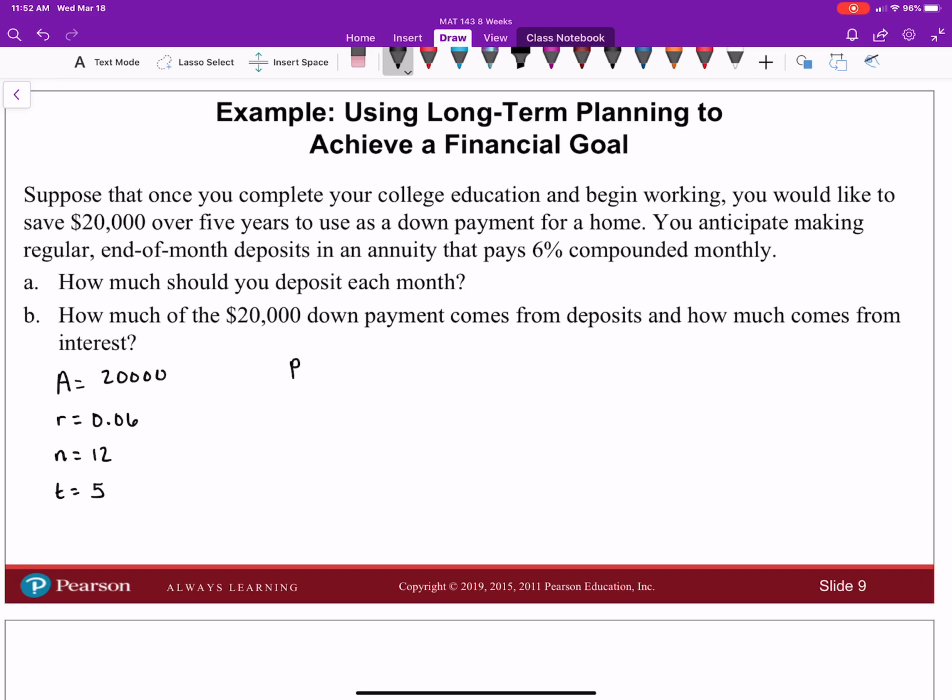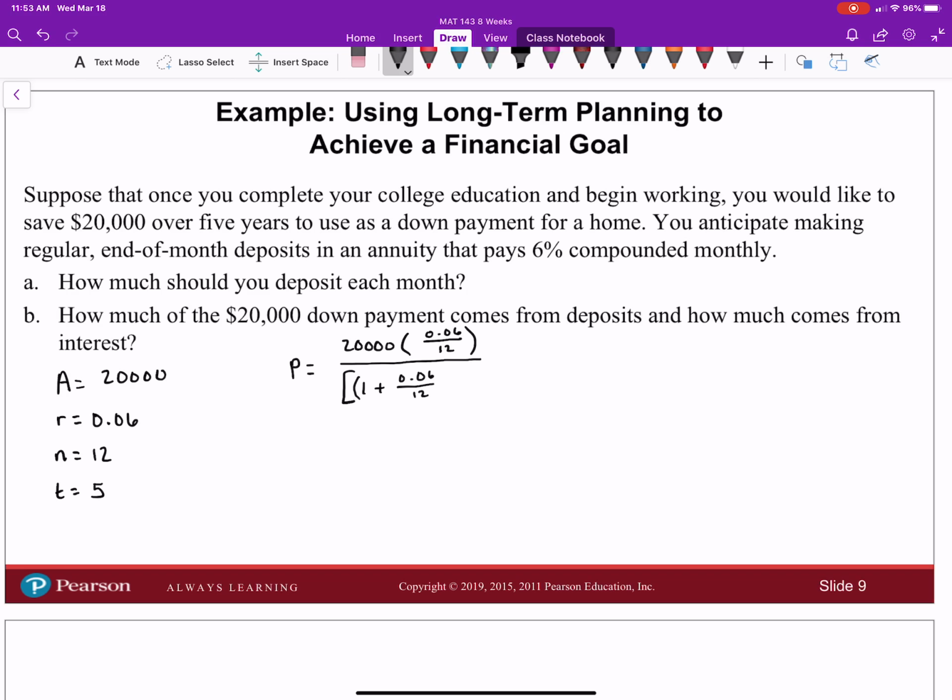So now we have P is equal to your 20,000 times your R over N, which is your 0.06 over your 12, all over bracket 1 plus 0.06 over 12.